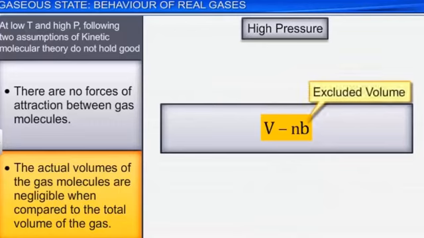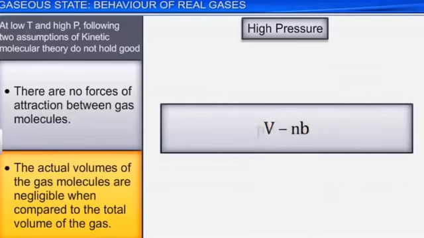After substituting the two corrections of pressure and volume in the ideal gas equation, PV is equal to nRT, we get P plus a n squared by V squared, multiplied by V minus nb, is equal to nRT. This equation is known as the Van der Waals equation.